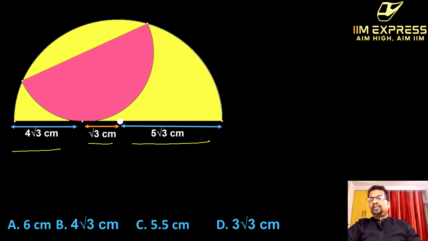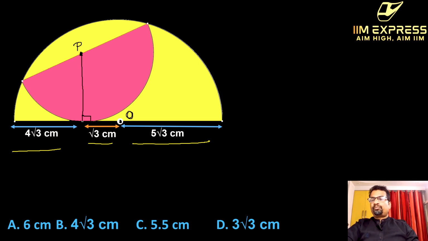Now if I assume this is the center of yellow semicircle, which is O, and this we can assume the center of pink semicircle, I can say P. So for the pink semicircle, base of the yellow semicircle is tangent, and if I join P with the point of contact of tangent, this should be perpendicular.